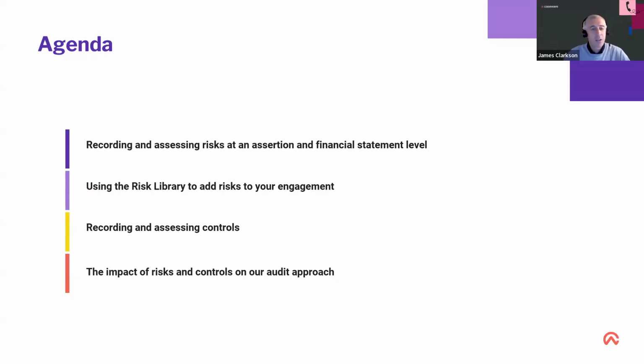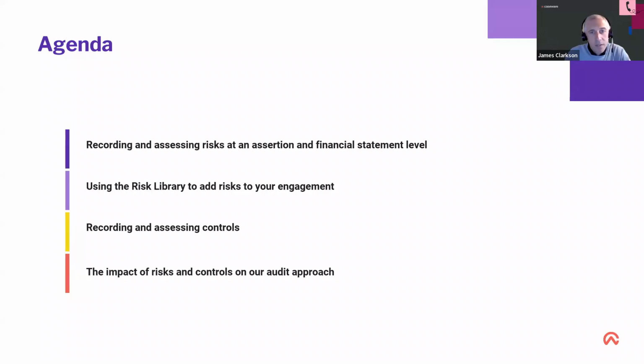So we'll be going through the control side of things, and we're then going to finish off with looking at how that all impacts on our audit approach and our design of our work programs, making sure we've got the relevant procedures included.